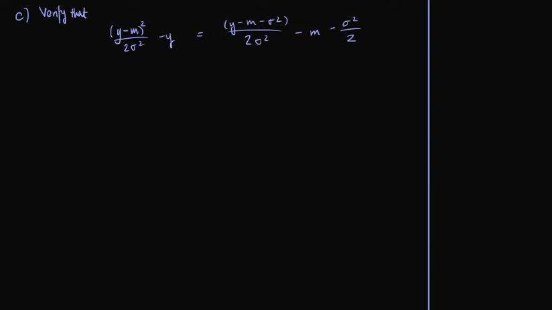So the way I would do this would be to say, well, note that what we have on this side is a second degree polynomial in y, and that is also the case for this one here.